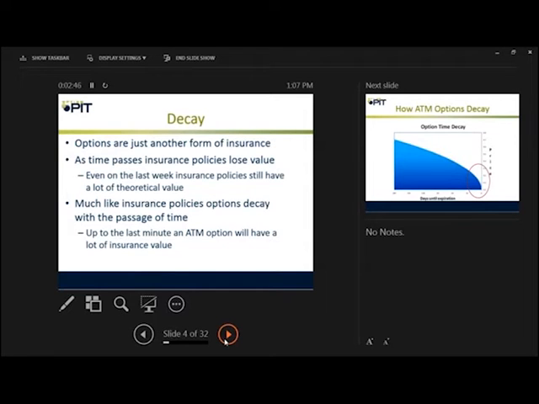When I was a trader, with a pinned stock, meaning it's sitting at the short strike going into expiration, the straddle would still be worth 20 cents. So there was still a lot of decay and a lot of value going out on that trade.